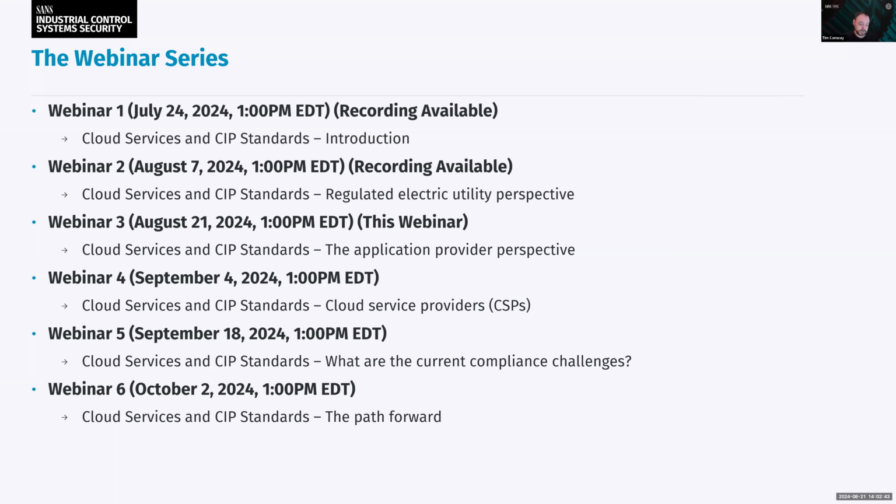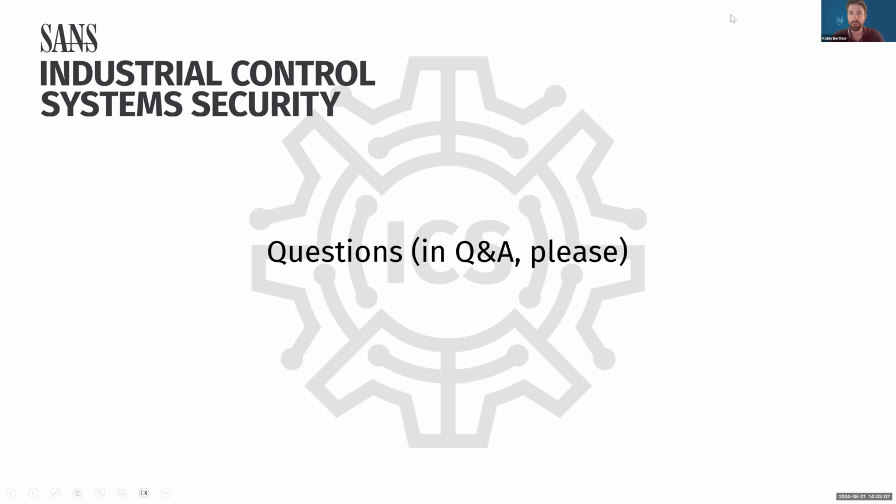Thanks, Tim. In our case, we haven't had that experience yet. We're fully on-prem. However, we've been complying with CIP-013 for quite a few years, answering questionnaires around how we're doing access control internally, how we're keeping audit logs, how we're doing encryption of confidential data, and how we're identifying confidential data.